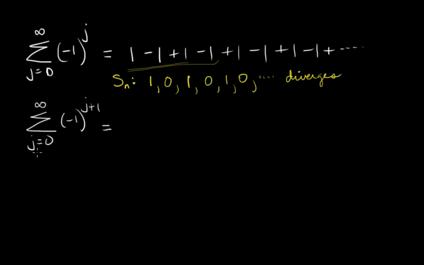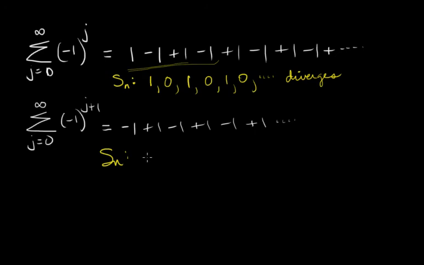Now let's look at the next one. It's very similar, but the first one is -1 to the 1. So it's -1. And then we have +1, -1, +1, -1, +1, and so on. And we get exactly the same result for its sequence of partial sums.